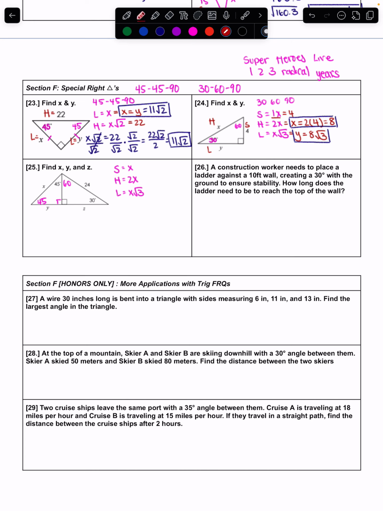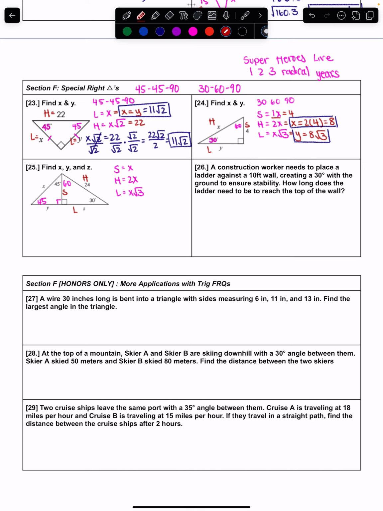Now that we have that all listed out, we can go ahead and start labeling our sides. We know 24 is my hypotenuse. And then directly opposite this 60, that would have to be my long leg. And directly opposite this 30 is going to be my short leg.